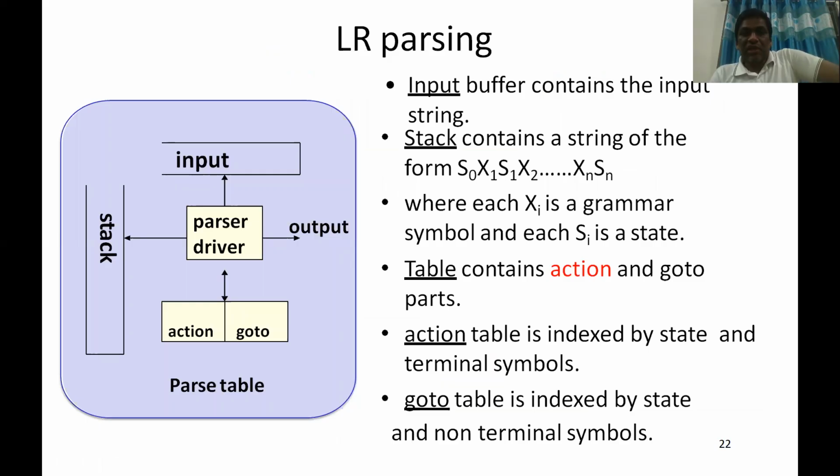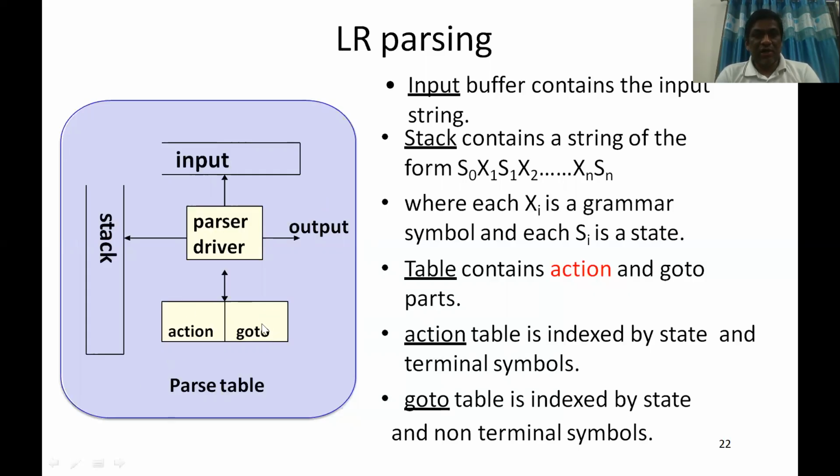In general, any LR parser, irrespective of the type, makes use of this general approach. This is the schematic diagram of the LR parsing technique, in which the parser driver is the program which controls everything, which is connected to a stack, an input buffer, and a parse table.